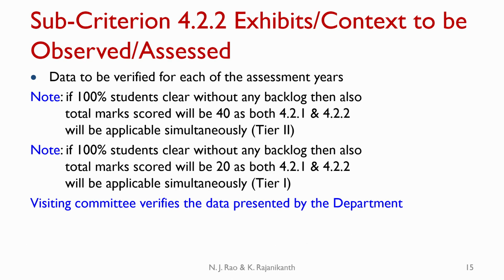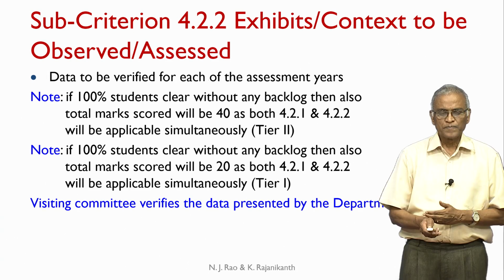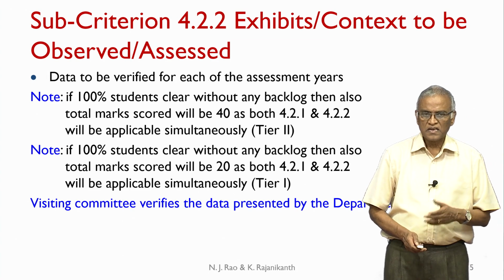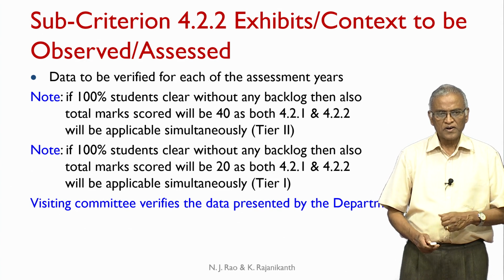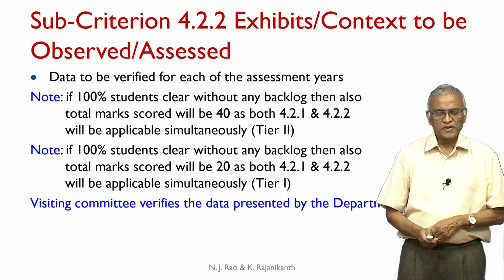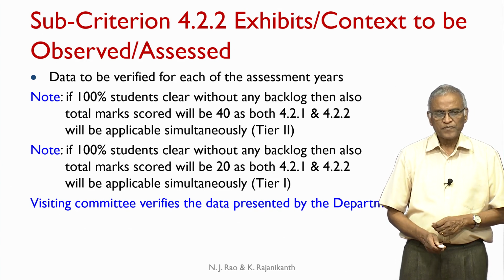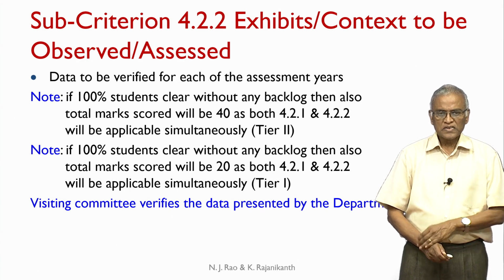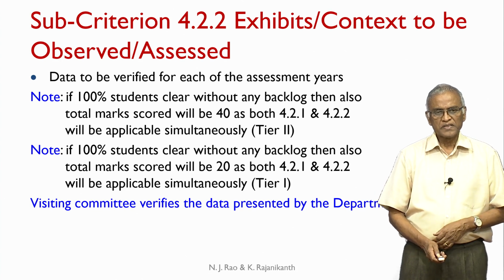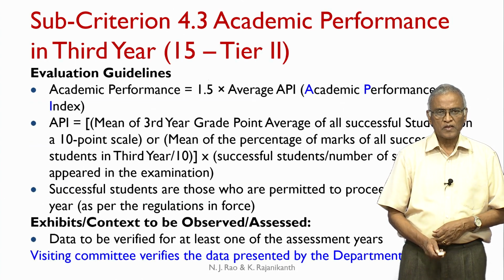Even if it is so, the marks that you would get will be 40 for a tier 2 institution and 20 for a tier 1 institution. Whether you combine it together or show it as a single index does not matter. It is very difficult to have in an institute 100% of the students passing without any backlog at any point. And the visiting committee will verify the data presented by the department and award marks.